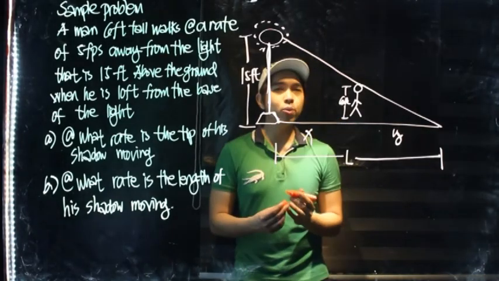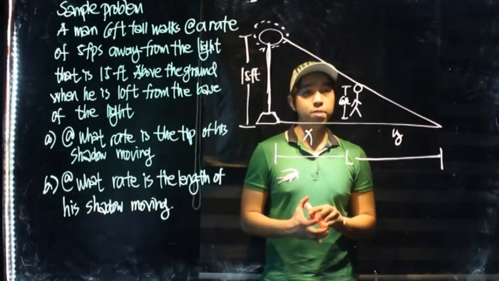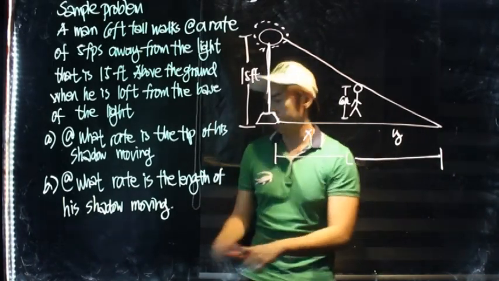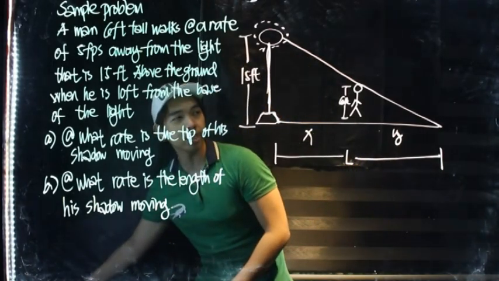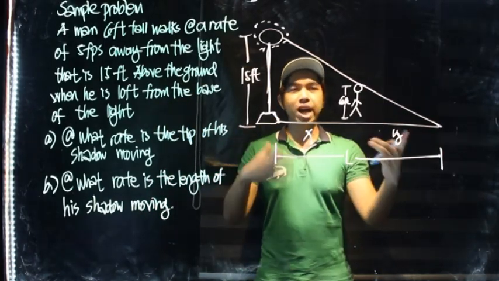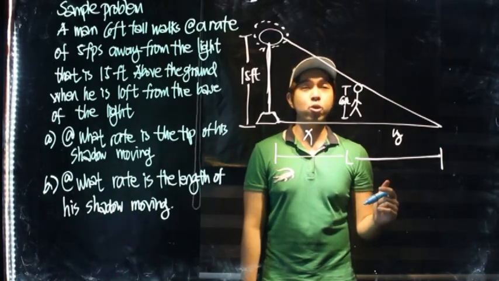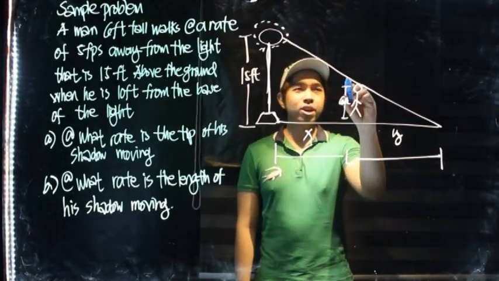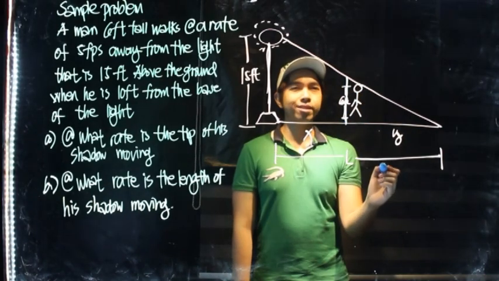Okay. So how do we relate or create the equation for this problem? So the first thing that we're going to do is to create relations. Okay. So how do we do the relations for this one? So as you can see, I can create the equation out of this using the similarity theorem. Okay. So I can say that I'll have here two right triangles. Okay.